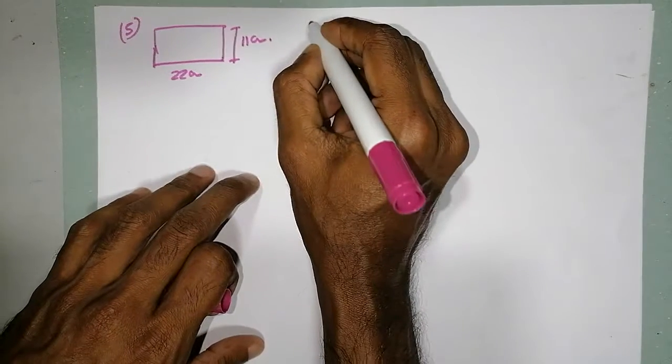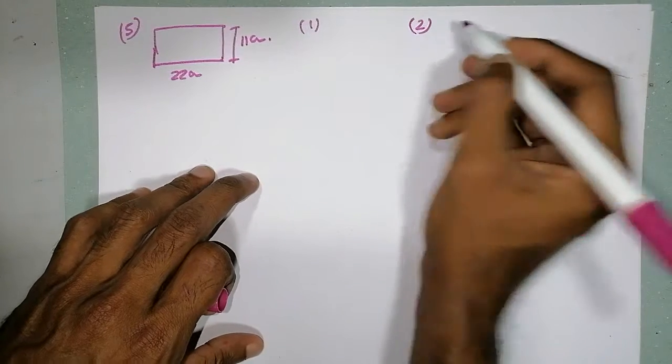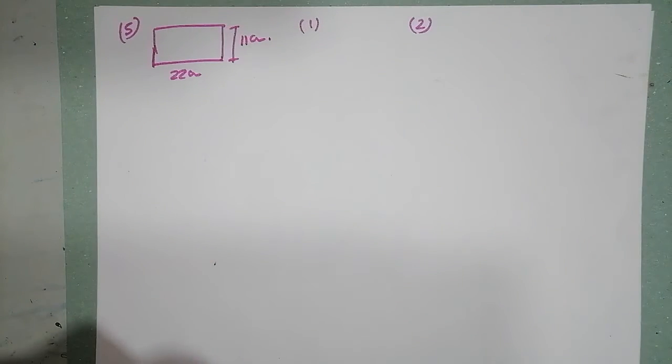So using this rectangular metal sheet, we need to draw two cylinders. The first part of the question is to draw the two cylinders that can be constructed with this sheet.